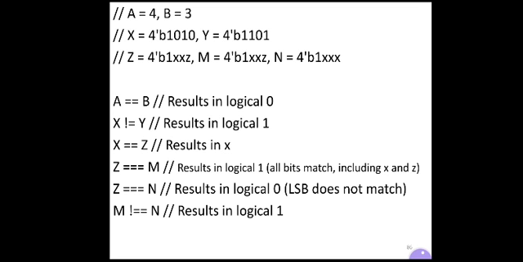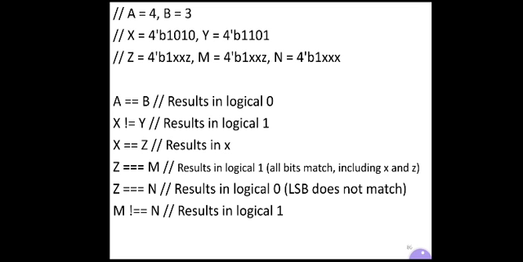In the case equality operator, it will check bit by bit, all the bits including X and Z. So the positions of Z and X in both operands Z and M are the same. The least significant bit is Z, the next two bits are XX and the most significant bit is 1. So they are exactly matched. So the result is 1. All bits are matched here including X and Z.